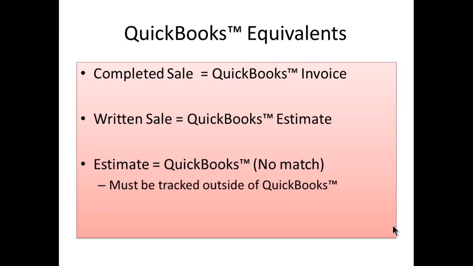Very often in a company, you want to know how many sales you wrote up in a month. Well, if you combined your estimates and your written sells together in the same section of QuickBooks, you won't be able to tell that number. So estimates usually are tracked outside of QuickBooks for this reason. Okay, QuickBooks doesn't have a good match there.